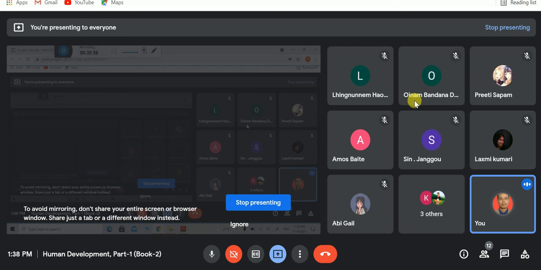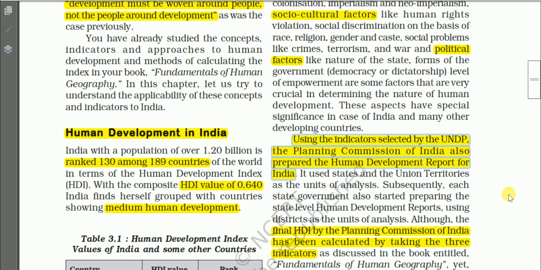Do you remember what those three key areas are? Yes, can you tell me? Let me remind you: health, education, then access to resources.